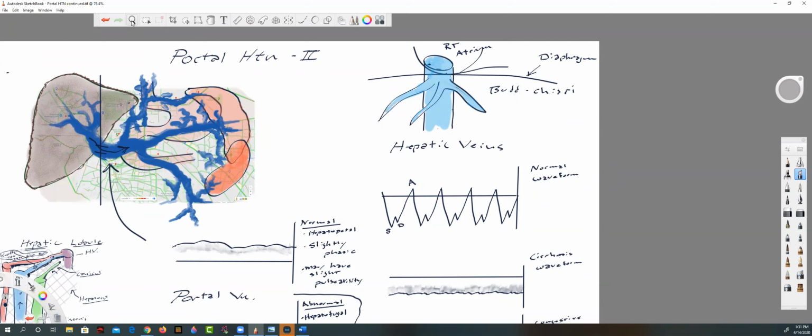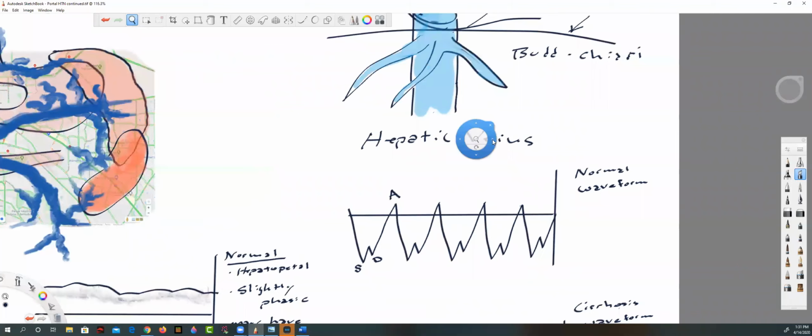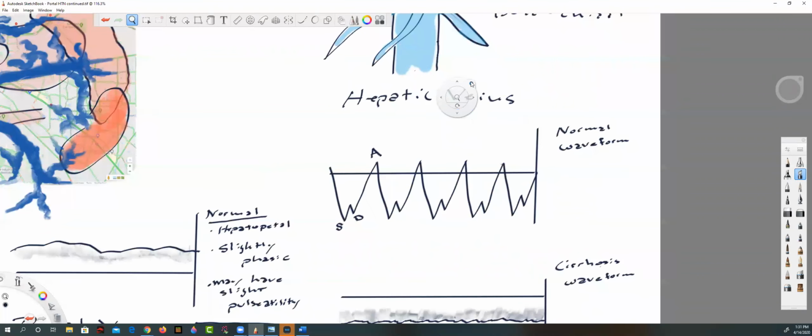Now, a normal waveform, and this is something similar. When we were doing carotids, if you got the subclavian vein at the right point, it actually looked a lot like this. I'll just mention that there's an S, D, and an A portion to this wave.